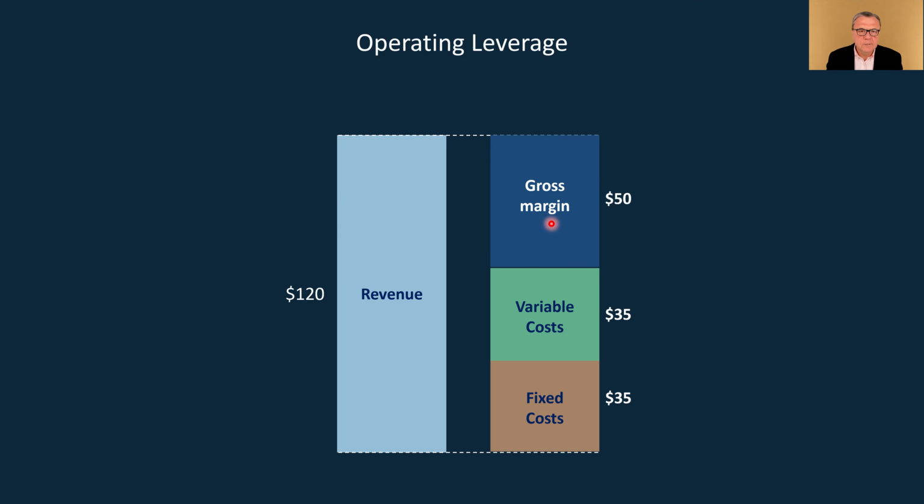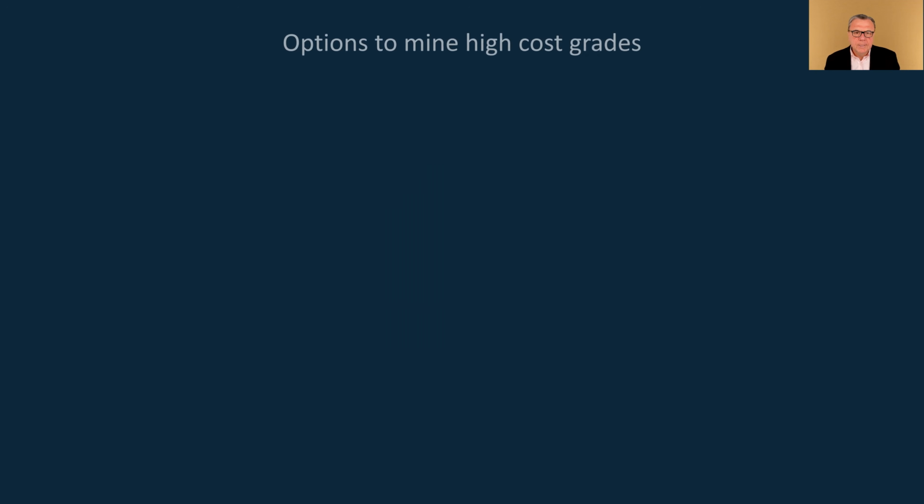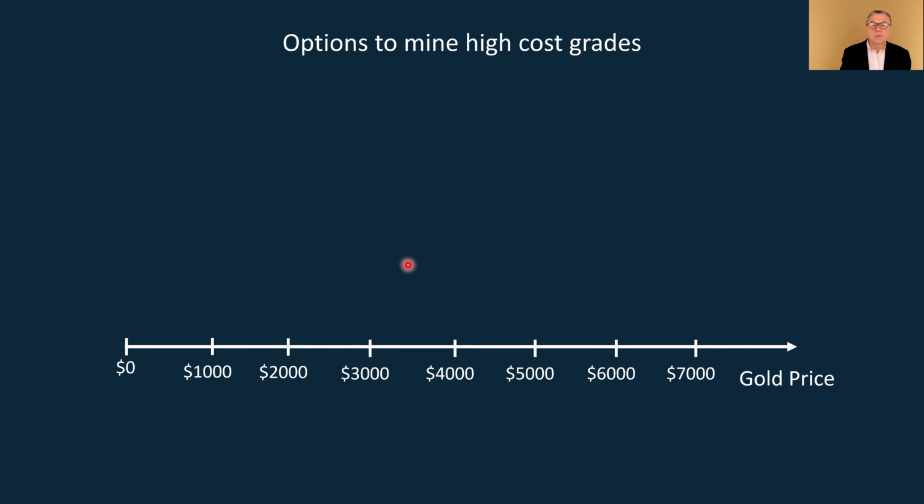But at least in the short run, gross margin is just going to expand with the increase in price. So 20% increase in price, 67% increase in gross margin. And this is an operational factor. There's operational leverage. Now, there's something else that is more subtle, and that's the options to mine high-cost grades. And let me show you what that is. This is really not very well understood.